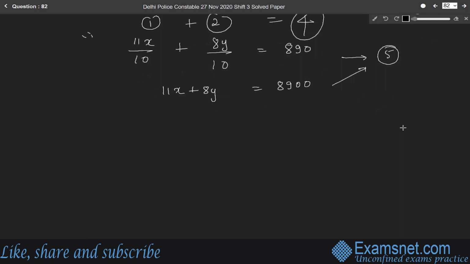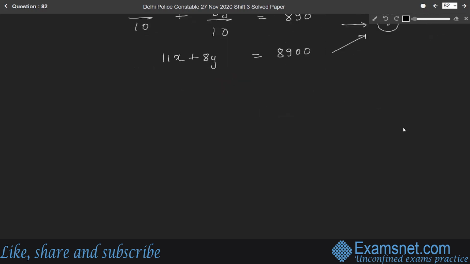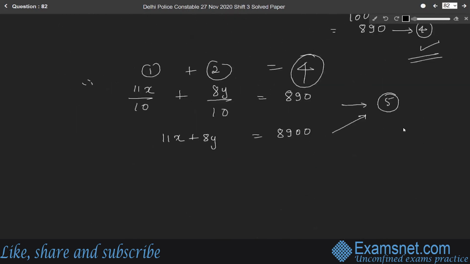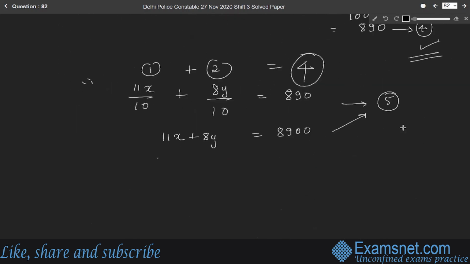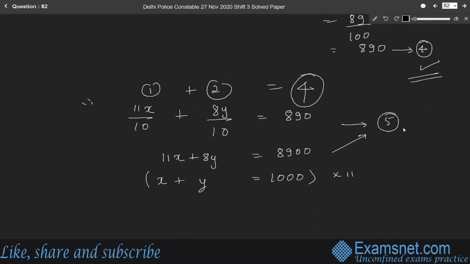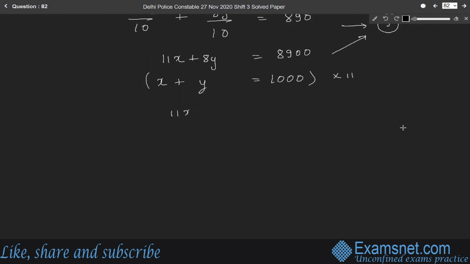Right? Therefore, equation 3 becomes x plus y is equal to 1000. So multiply equation 3 by 11. We get 11x plus 11y becomes 11,000. This is equation 3 and this is equation 5.